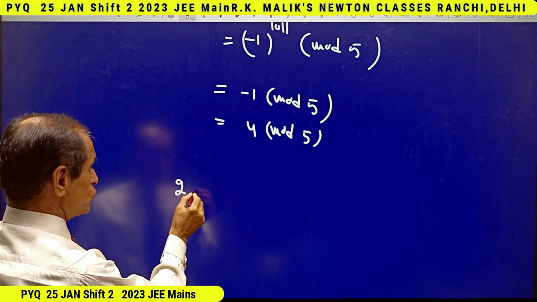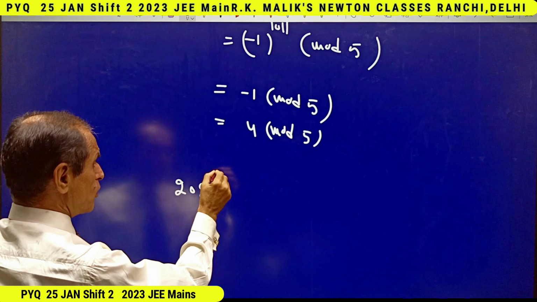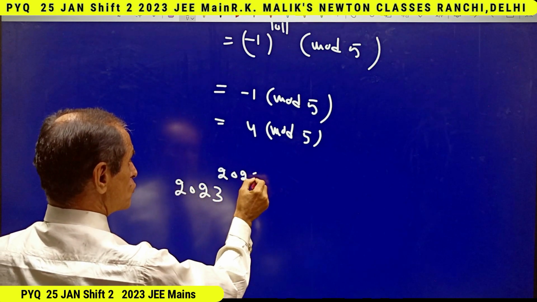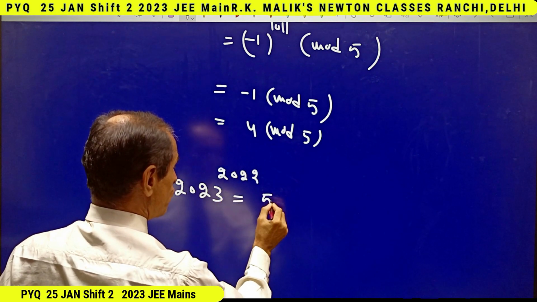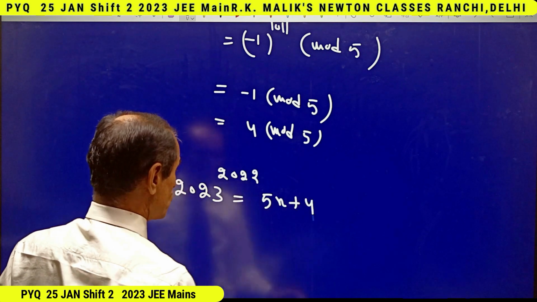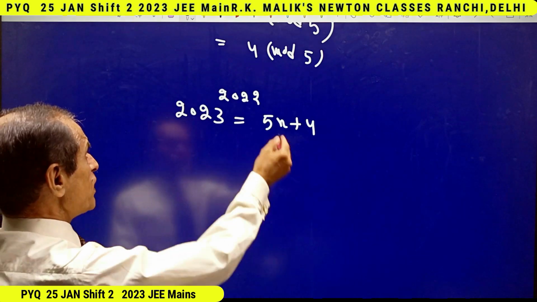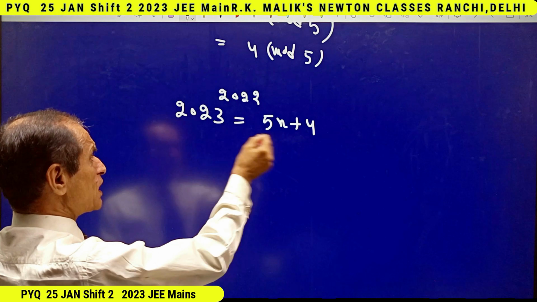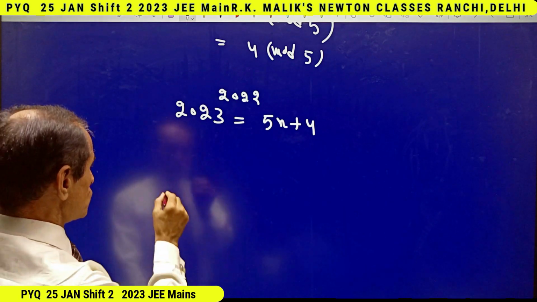Hence, I can say 2023 to the power 2022 is equal to 5n plus 4. And to make the power 2023, multiply both sides by 2023.